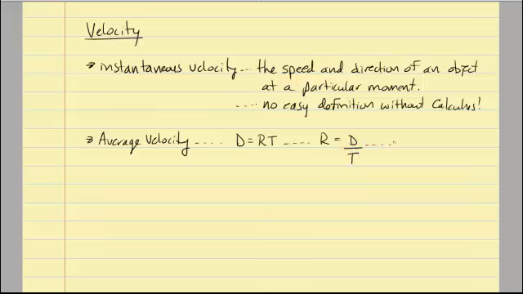Now again, working from the same idea, when I'm talking about average velocity, my rate is going to be defined by distance over time. Distance is defined by change in position over change in time, and of course the Greek letter delta there means change, so change in position over change in time.